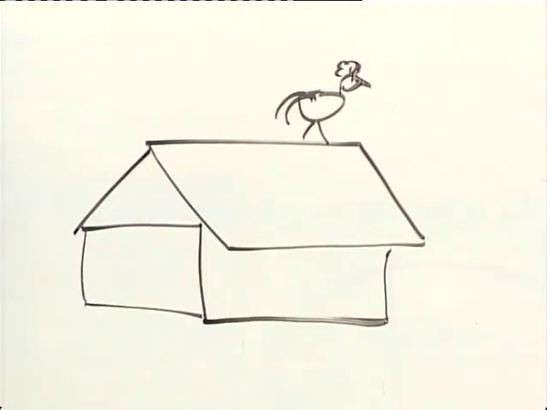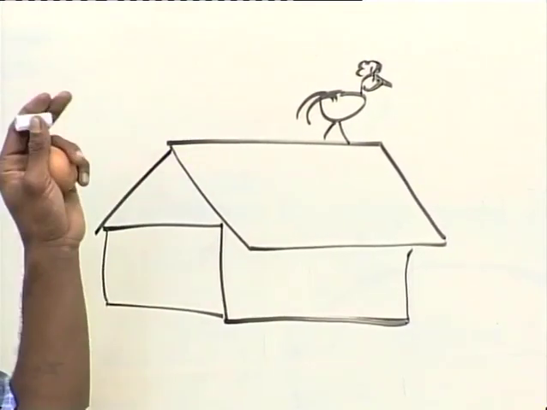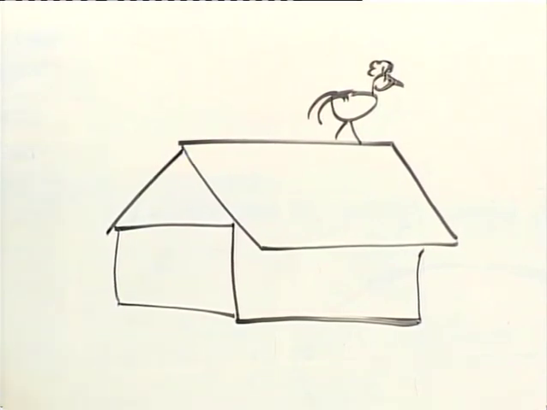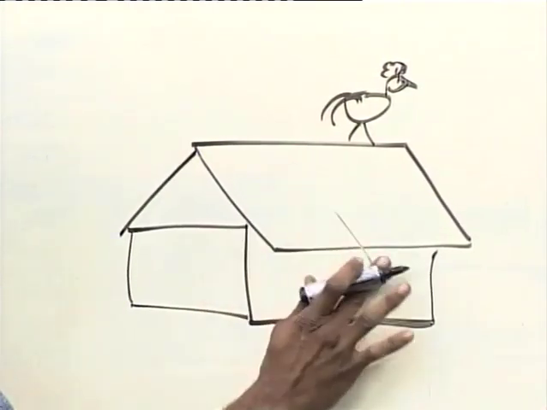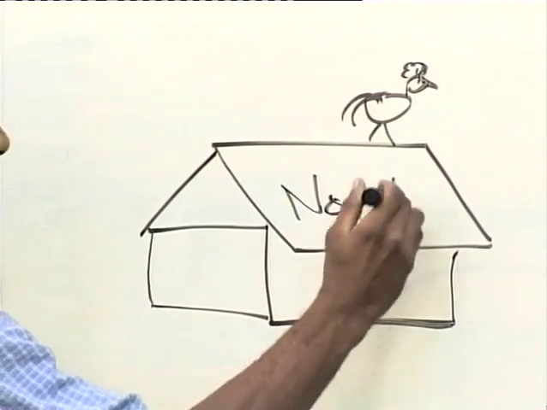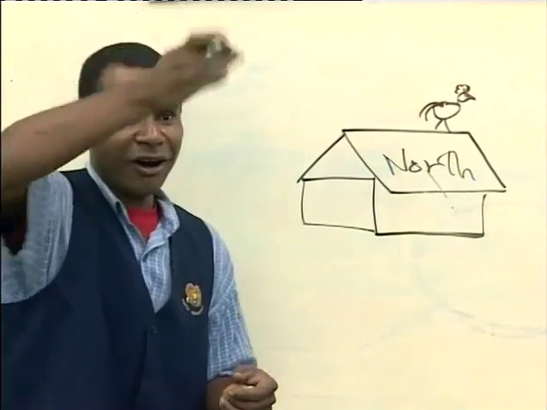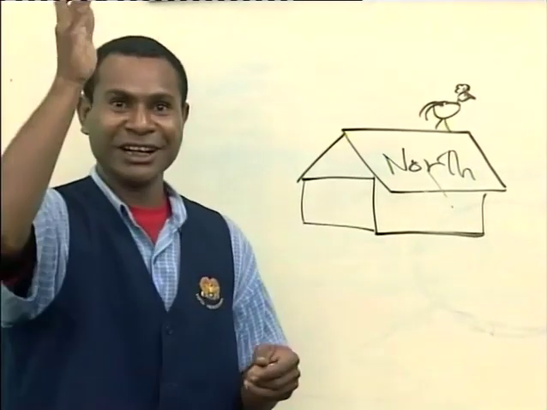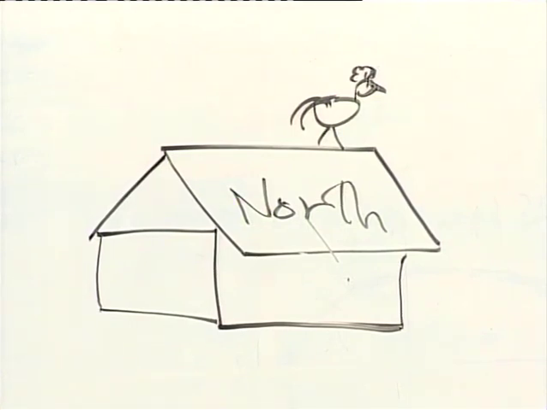On a house, a rooster sits at the top of the roof. And if it lays an egg, what direction will it fall? Let's say this side of the roof is north. On the other side is south. It is sitting on the roof where the two sides meet. If the rooster lays an egg, which side will it fall? The north side or the south side?